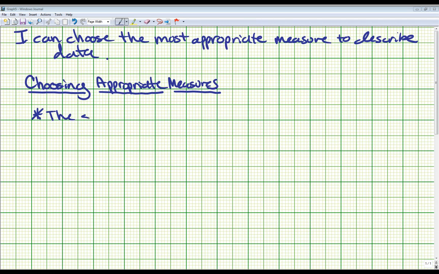The shape of the graph, and we talked about this in the last lesson. Remember, if it's skewed right or skewed left or symmetric, helps to pick the measure most appropriate.